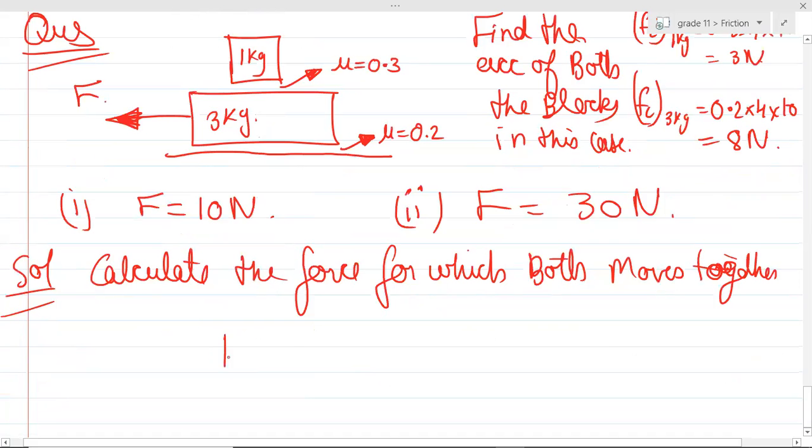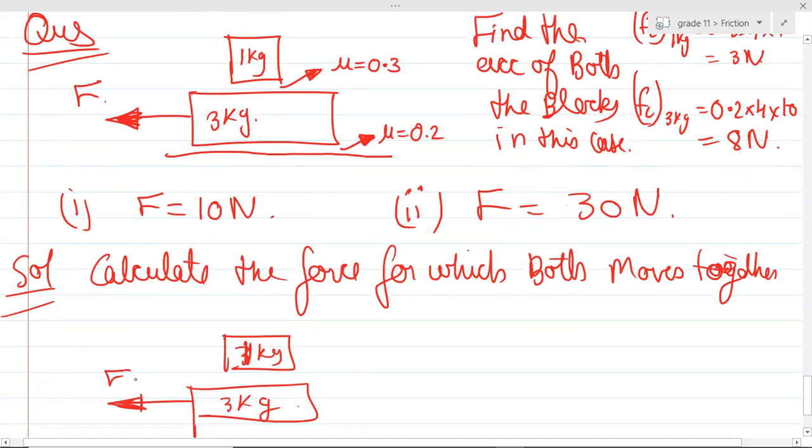You calculate. So let's say this is your 1 kg block. This is your 3 kg block. First thing first, you'll find out what? The limiting friction between them.